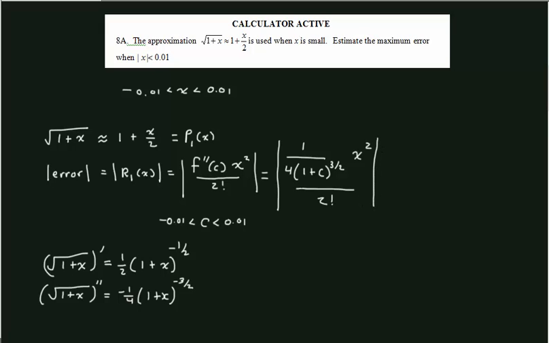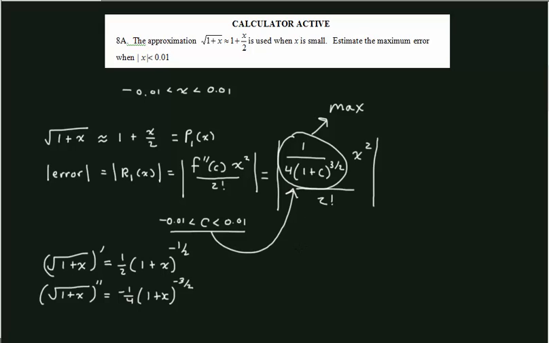We're still in the equals statement. The question now becomes, if I want to bound this, I want to find what the maximum value of this is, then I've got to figure out what value of c will in fact make that maximum.